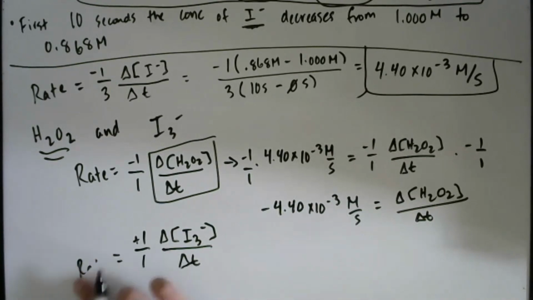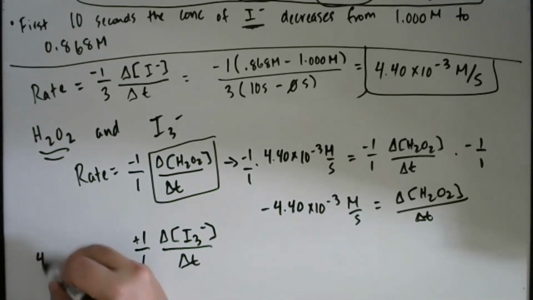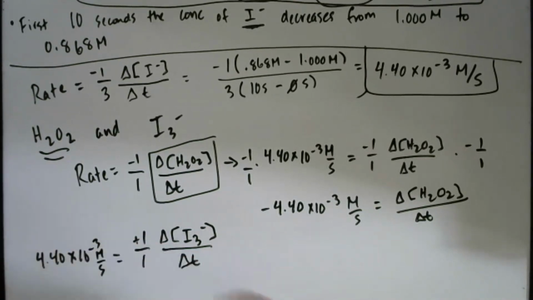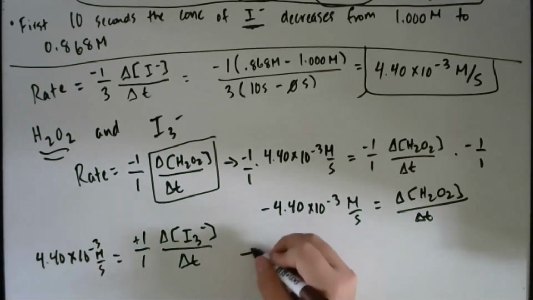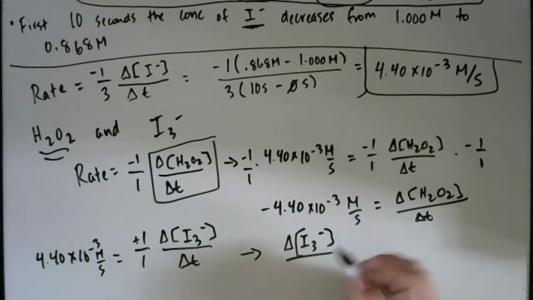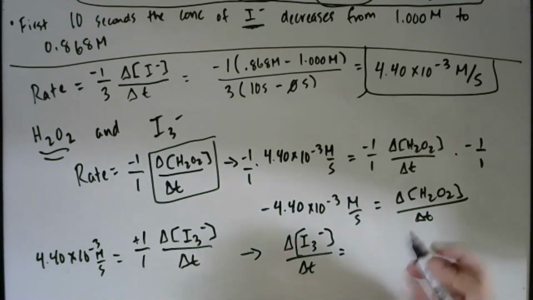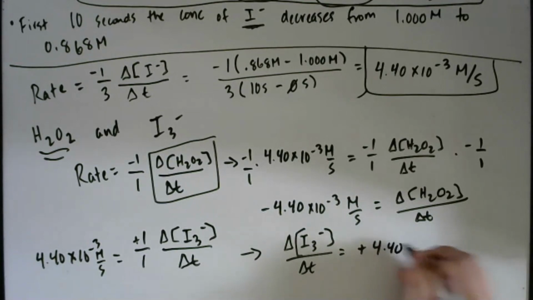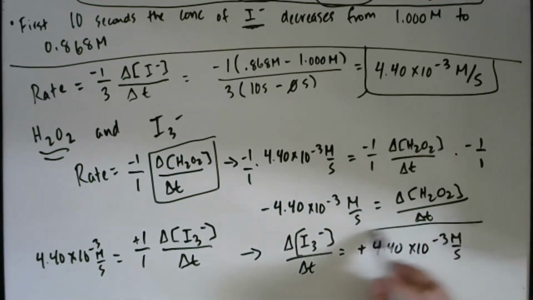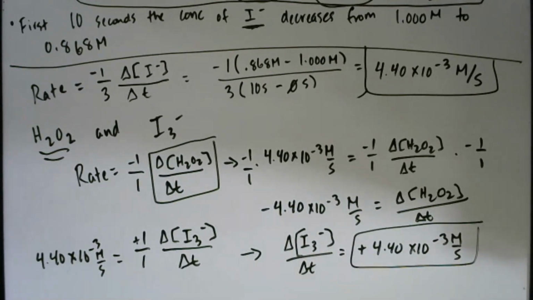If we take our rate and plug in our 4.40 times 10 to the negative 3 molarity per second, then multiply both sides by positive 1, I'm not even going to write that out. But we see that our delta I3 minus over delta t in this case is going to be equal to positive 4.40 times 10 to the negative 3 molarity per second. So we have a positive rate of concentration change value for our product here.